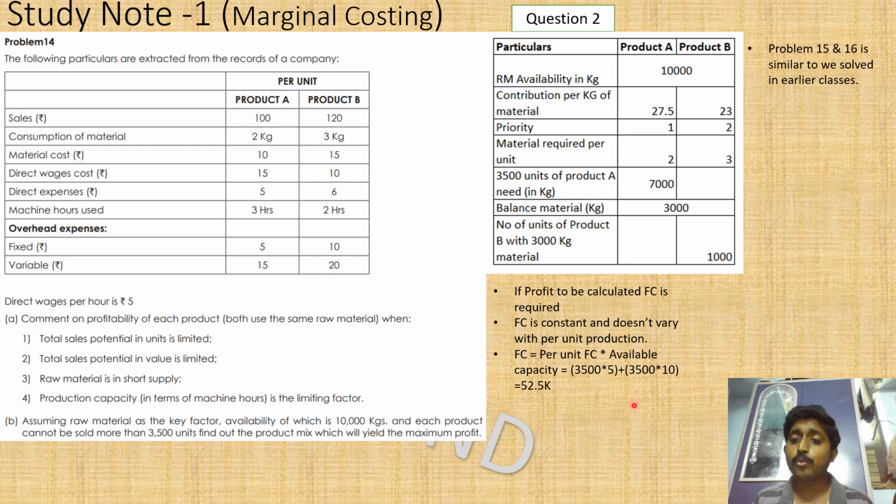Such expenses are called fixed cost. For example, if you are not making the product, will you consume material? No. That's why it's called variable, because only when you make the product will you incur such expenses, for example direct labor, direct material or variable overheads.